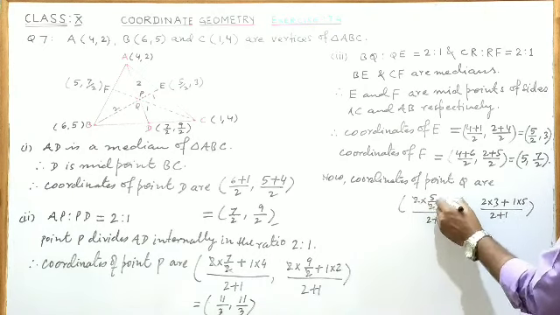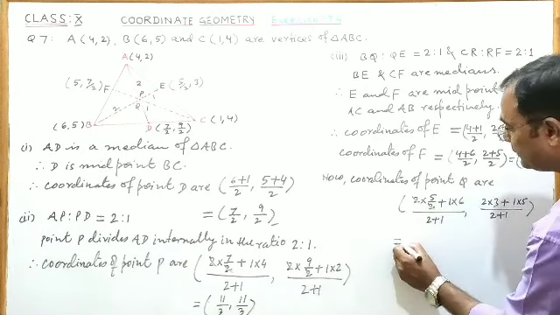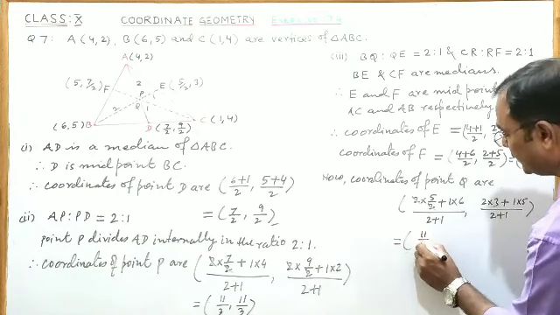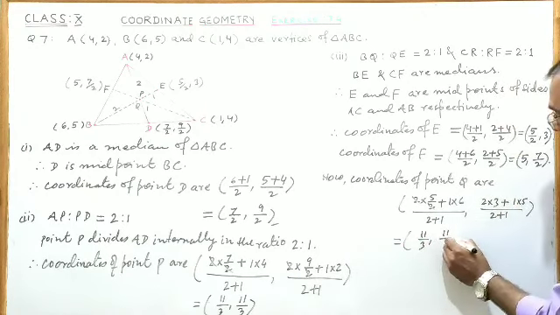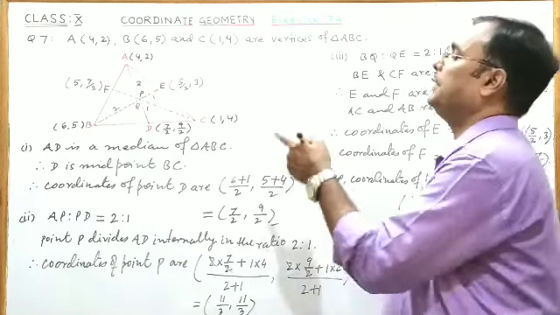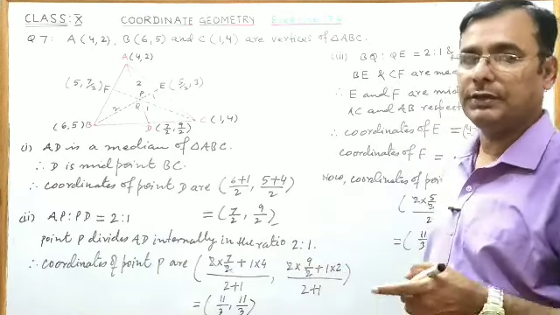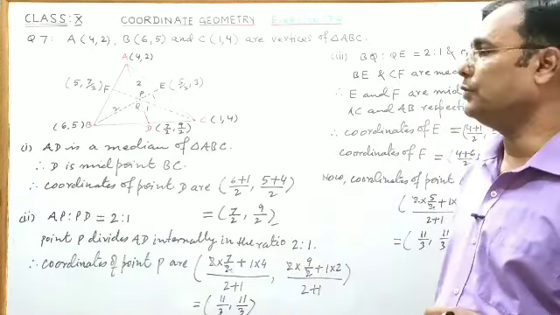This 2 cancel, 6 plus 5, 11 by 3, 2 threes are 6 plus 5, 11 by 3. So coordinates of point Q on the median BE, dividing it in the ratio 2:1, is also 11 by 3, 11 by 3.